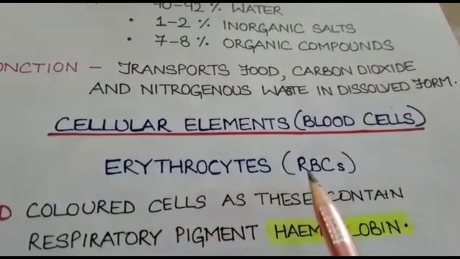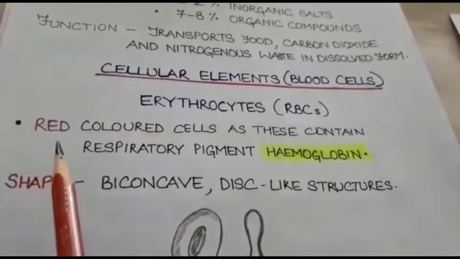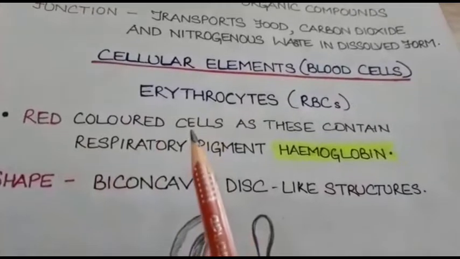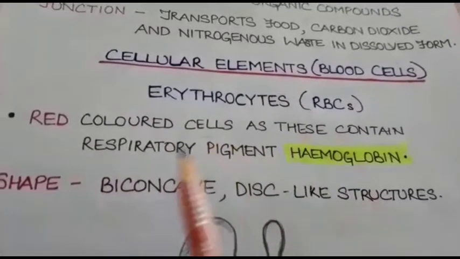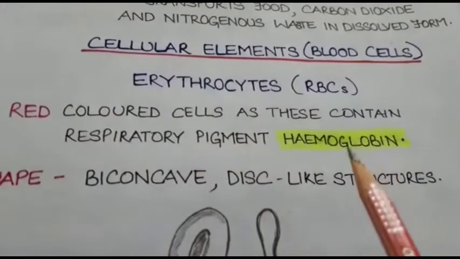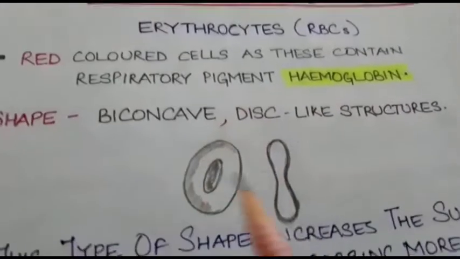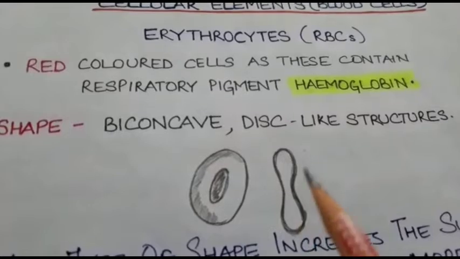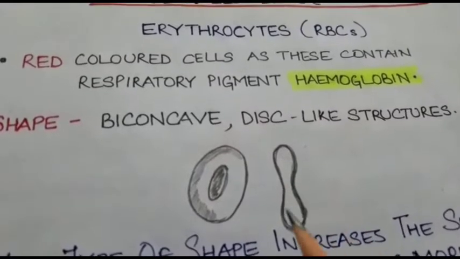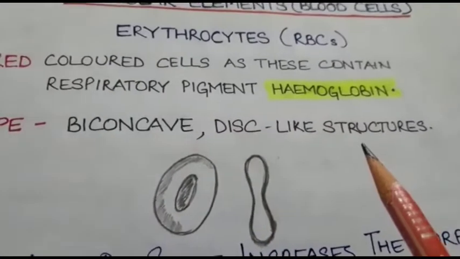Number 1, erythrocytes, that is RBCs. Erythrocytes are red colored cells because they contain a respiratory pigment called hemoglobin. The shape of RBCs is biconcave, concave from both the sides, disc-like structures.